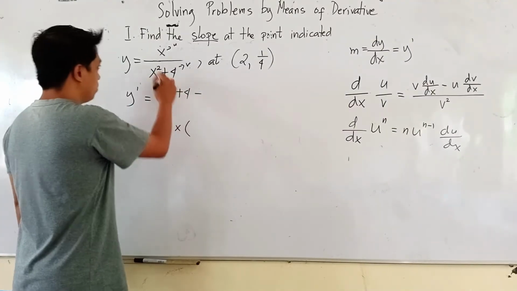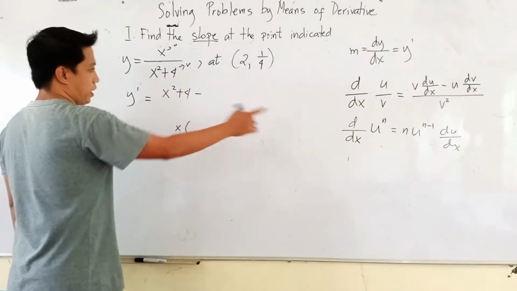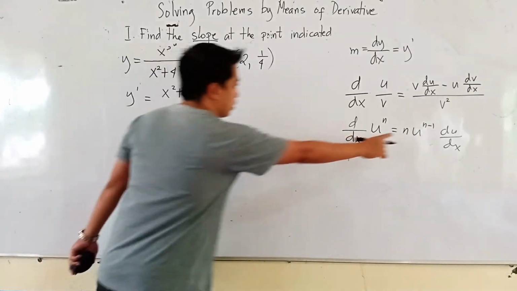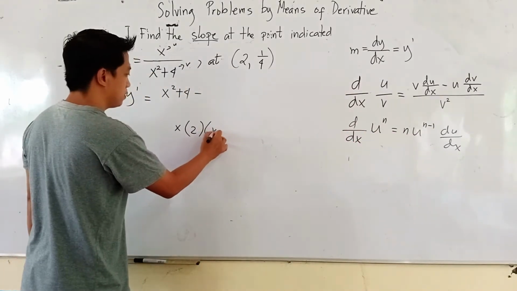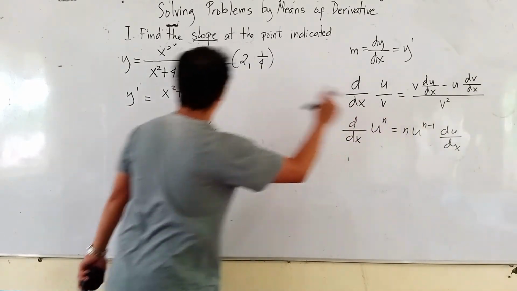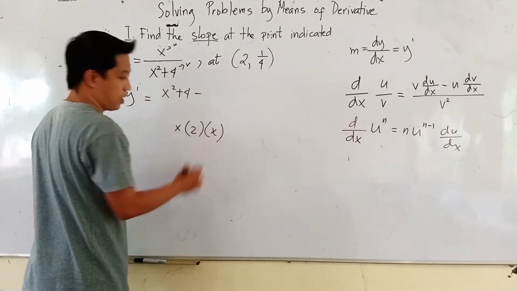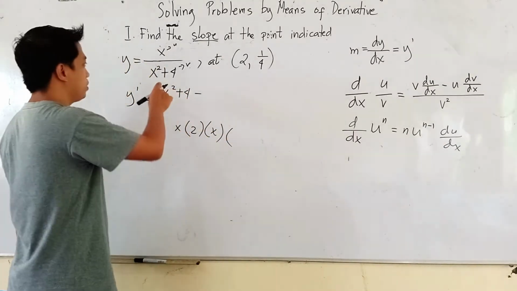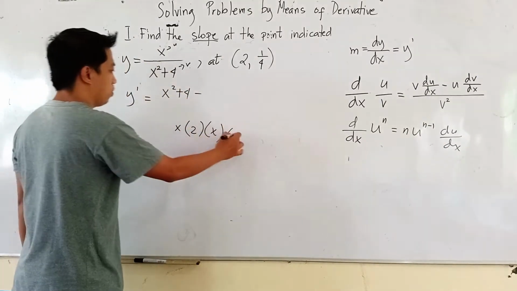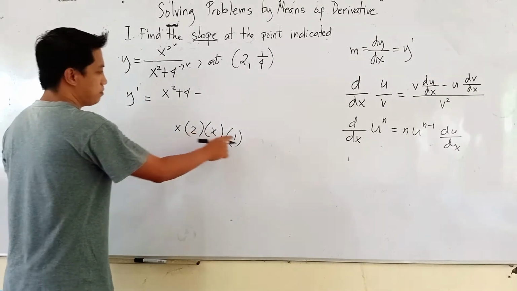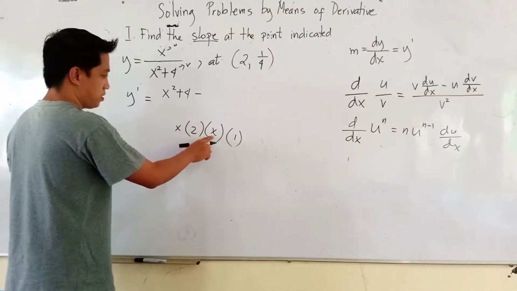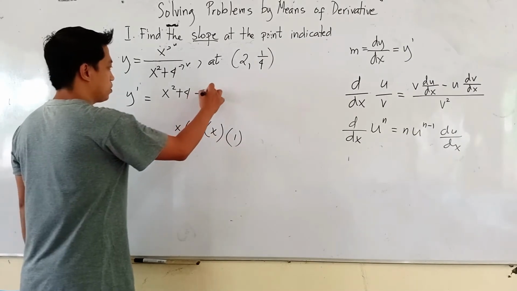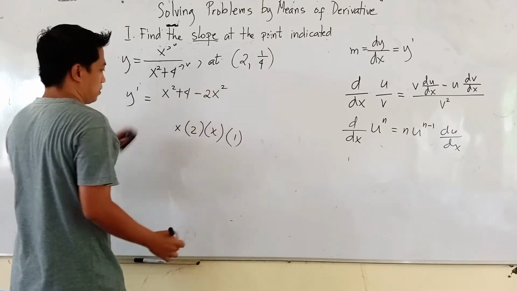Our n is 2, our u is x. So n is 2, u is x, n minus 1, that is 2 minus 1, that is x na lang, times du, or the derivative of x, that is 1. So 2 times 1 is 2, x times x is x squared, 2 times x squared is 2x squared.